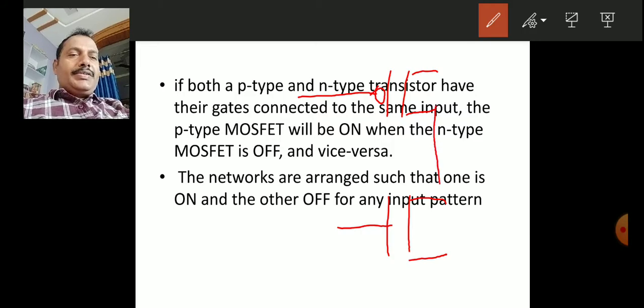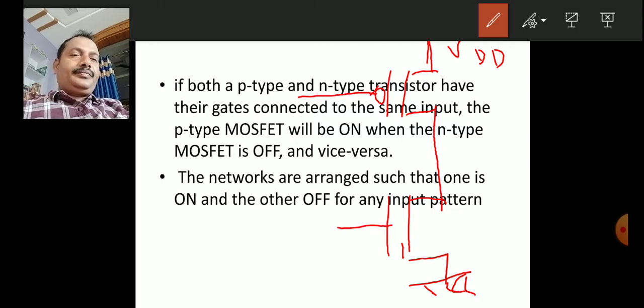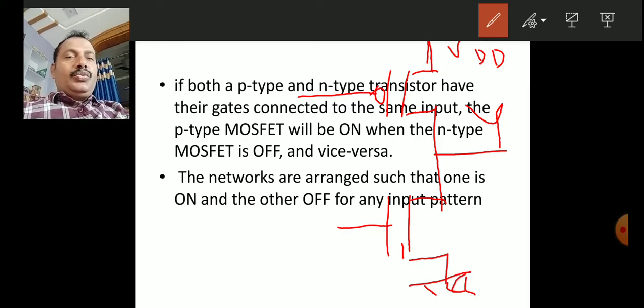What is normally done is that this is connected to VDD, and this is connected to ground, and this is the output Y, and these two gates are, for example, connected to a common input A.